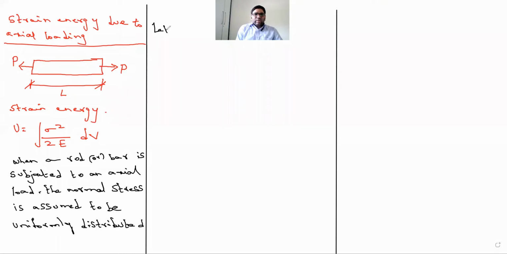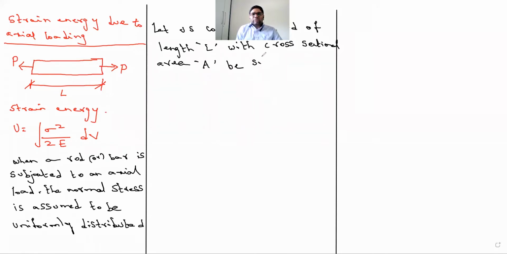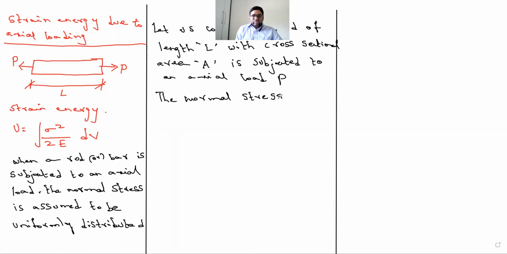Now let us consider a rod of length L, with cross-sectional area capital A, which is subjected to an axial load P. The normal stress sigma x in this case, because it is in the x direction, due to load P is given by, what is the formula for stress?